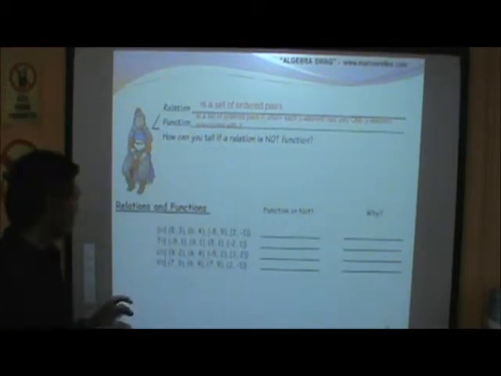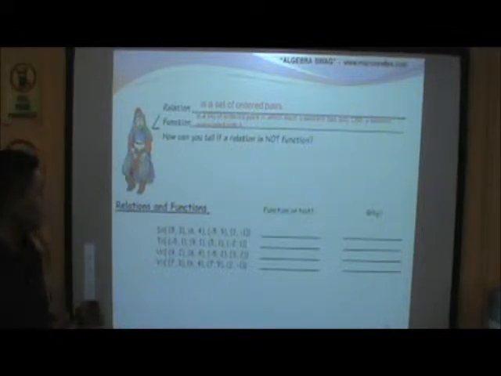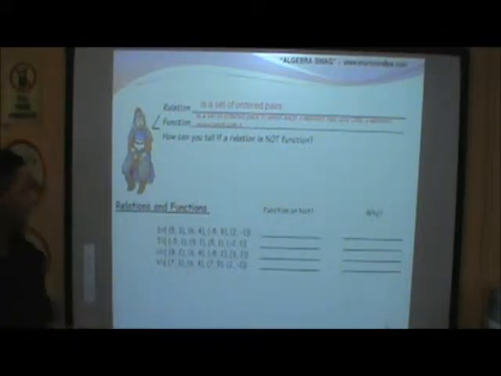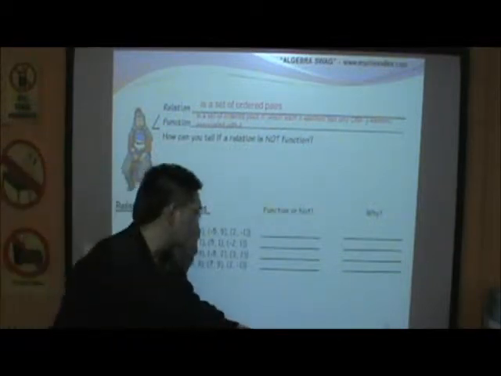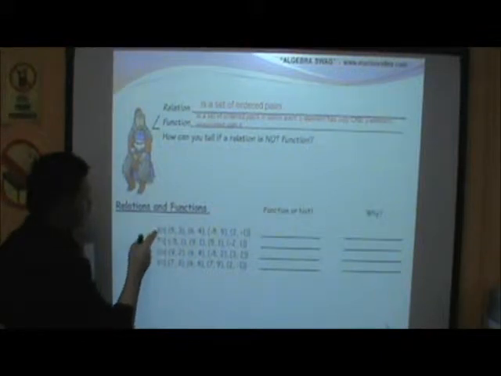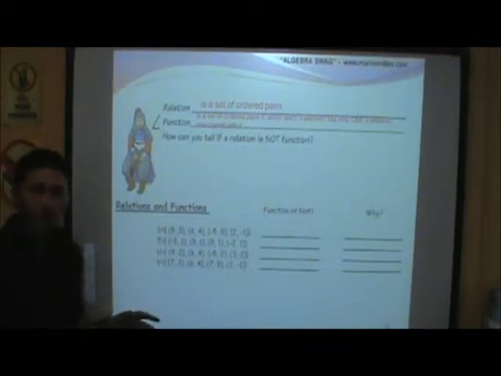For set S, first we have to identify the x values, the domain. Let's identify the x values in our ordered pairs. For set S, we have 4 ordered pairs, same thing with the rest of the sets.